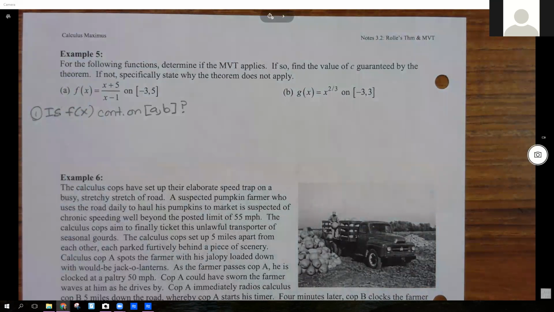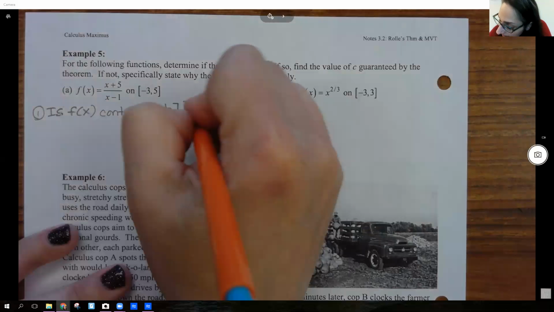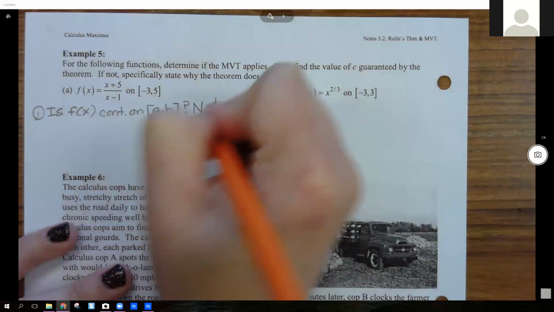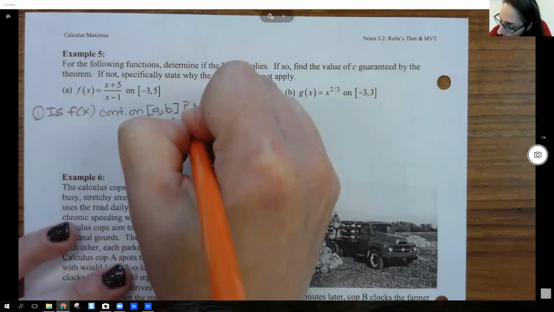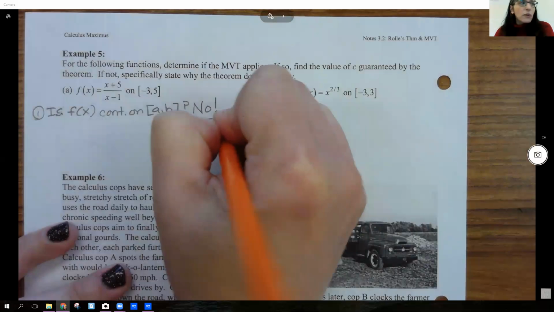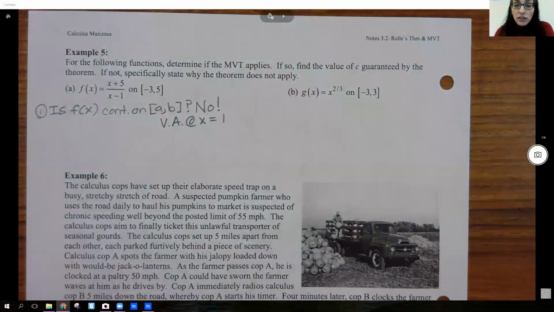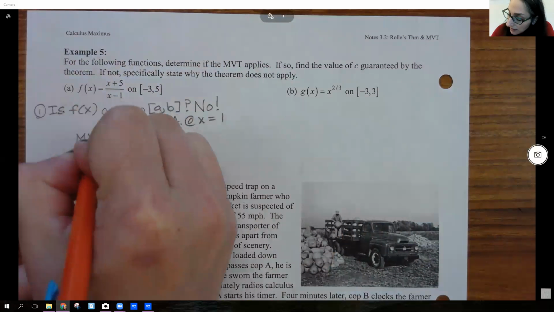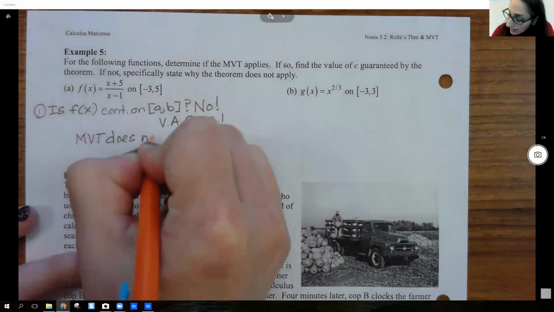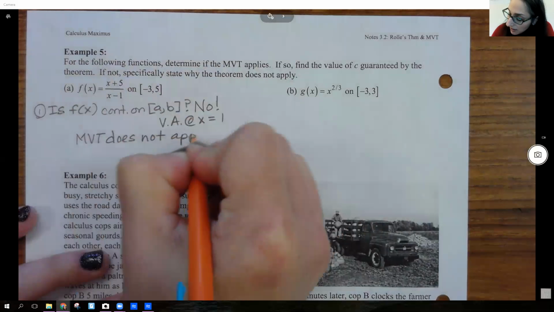There's a vertical asymptote, I think, at x equals 1. Very good. We have a vertical asymptote at x equals 1. Excellent. So, like I said before, as soon as you get a no, you're done. So therefore, MVT does not apply.